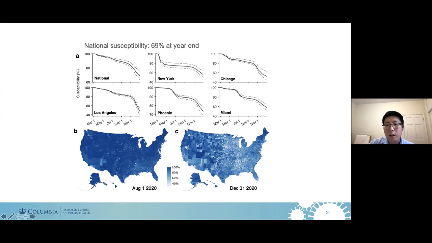So by the year end, we can see the New England area has the highest susceptibility, which means the smallest number of infections. But in some counties in the Midwest, like some counties in the Dakotas, the susceptibility has dropped to below 40%. And those are also the areas that were hit hard during the fall and winter wave.